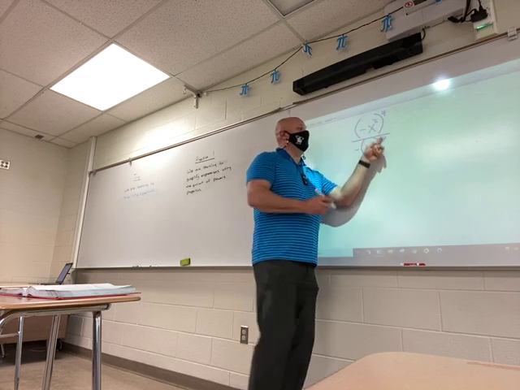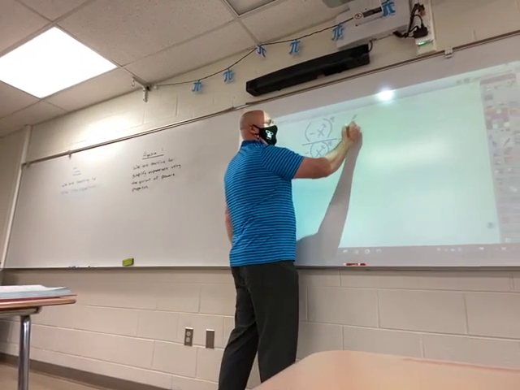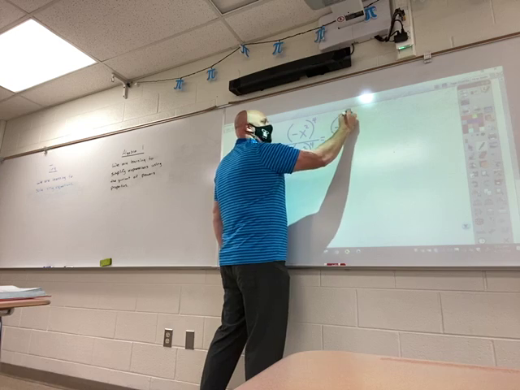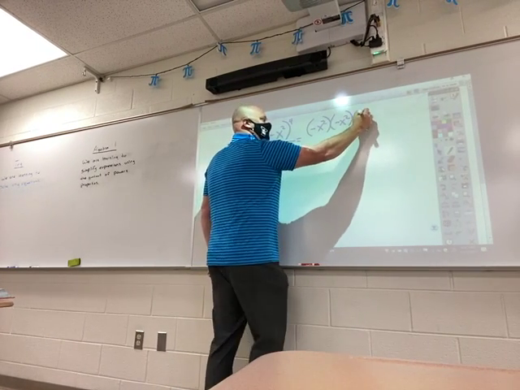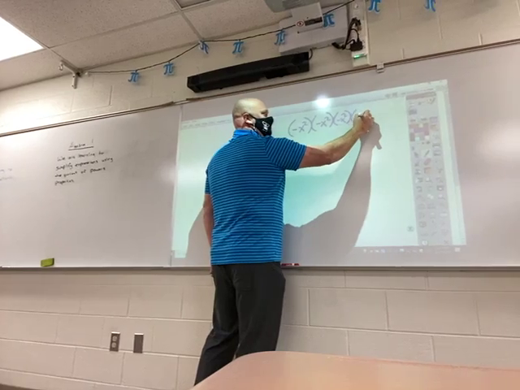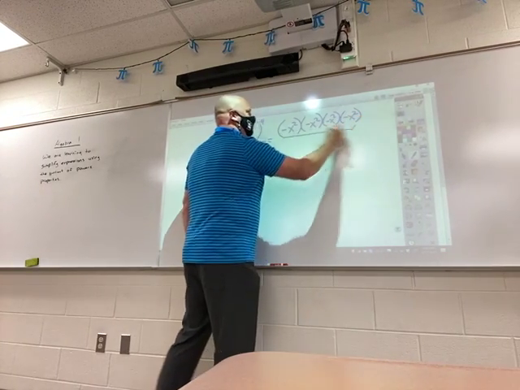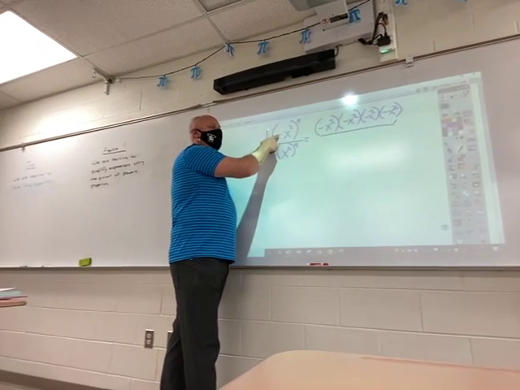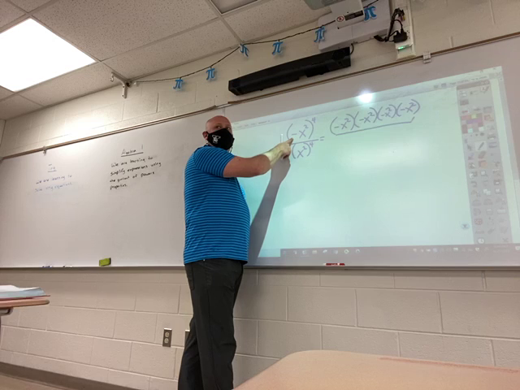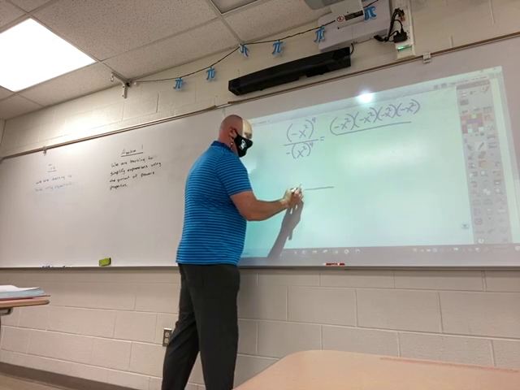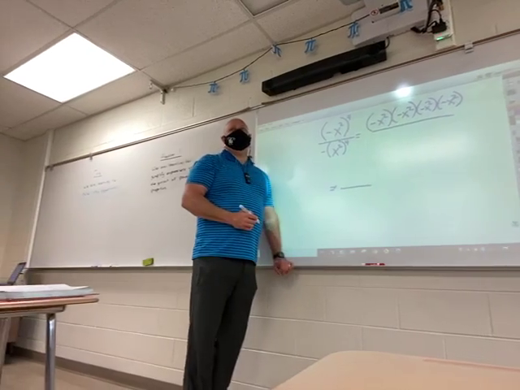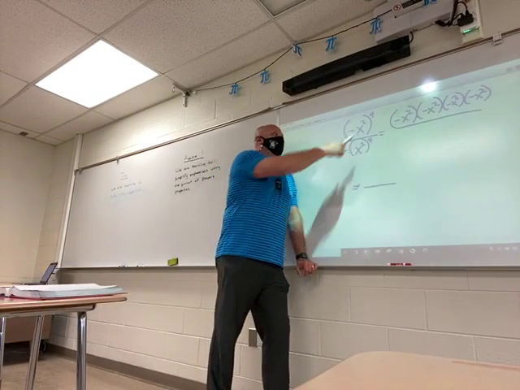This negative is going to turn into a what? Positive, because that basically means I've got negative x squared times negative x squared, right? I've got 4 of those things. So because of that 4th power, this negative is going to turn into a positive. So what do I have on the top then?